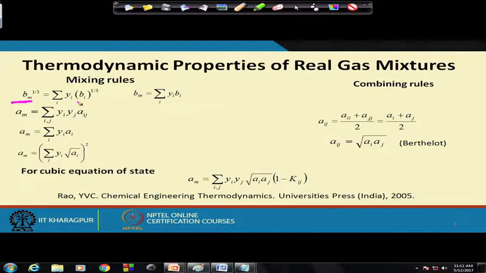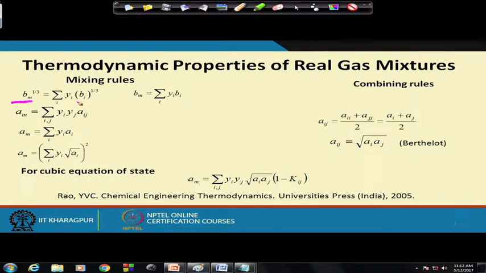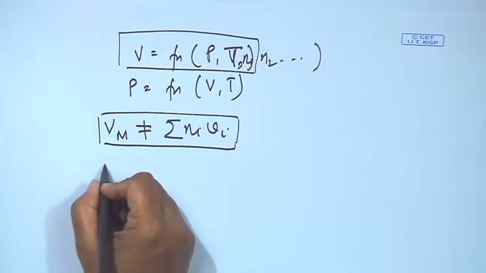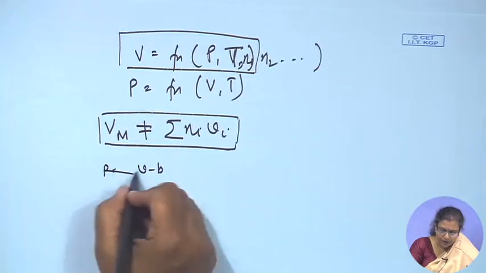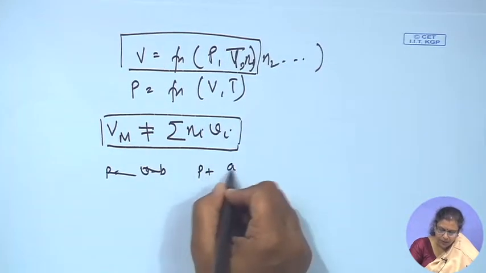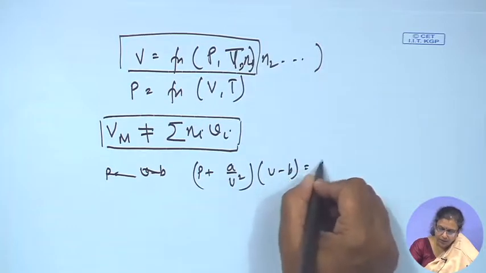Now, here I would like to mention that suppose for example, we take up the van der Waals equation of state. Now, for van der Waals equation of state, we find that the first thing which we need, if we have to use it, is the proper form, P plus A by V square into V minus B equals to R T.